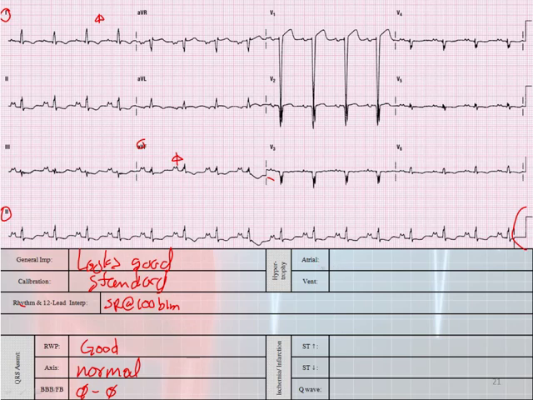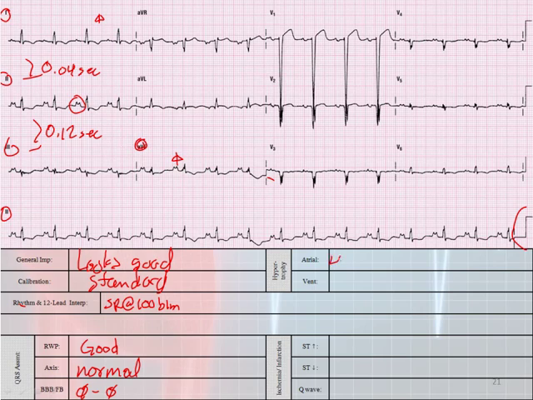Now let's look at the atrial. Like I said before, to determine atrial enlargement, you look in 1 and/or 2 and/or 3 first, and if you have a notching or a humping of the P wave, but remember the P wave has to be greater than 0.12 second, with the notches greater than or equal to 0.04 second, and we do meet that criteria in lead 2, lead 3, and lead AVF, what they would call the pulmonary leads.